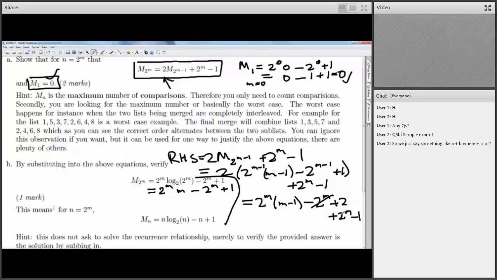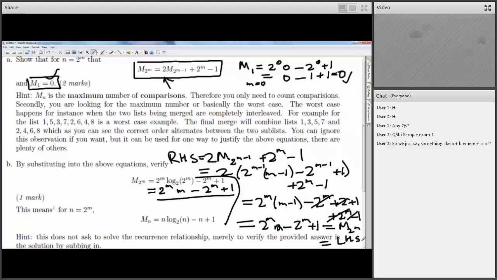So the 2 to the m's cancel out, the 2 and the minus 1 cancel out, giving you just a plus 1. And then you can expand the brackets. This gives you 2 to the m minus 2 to the m plus 1. But that precisely is this expression over here, which is m to the 2m, which is the left-hand side.